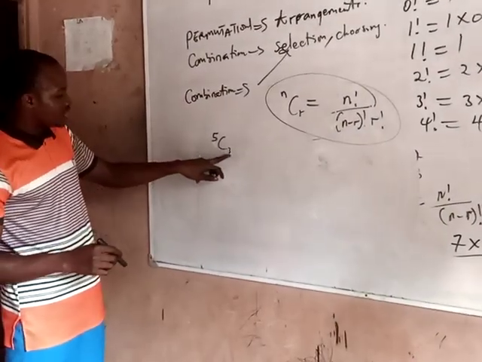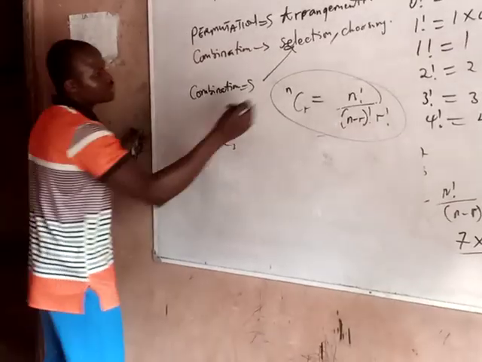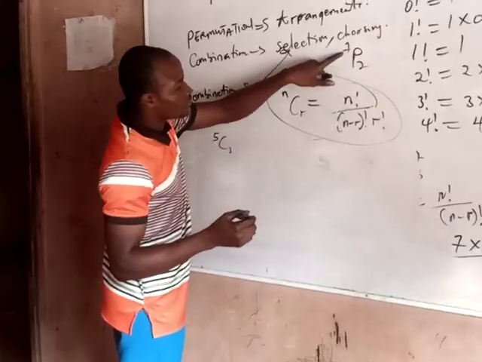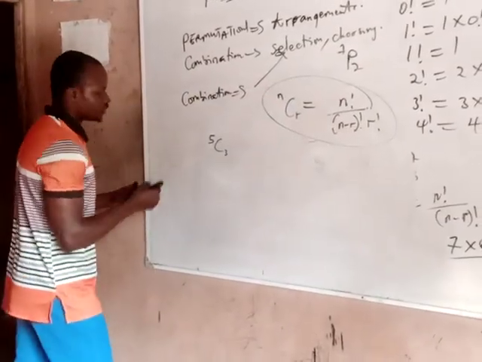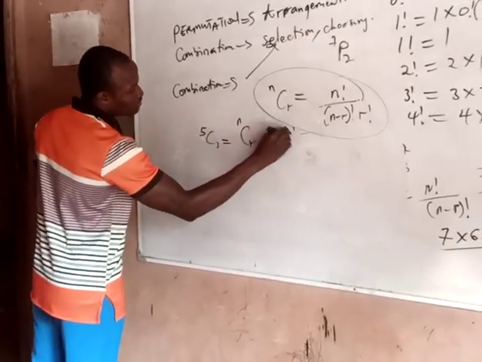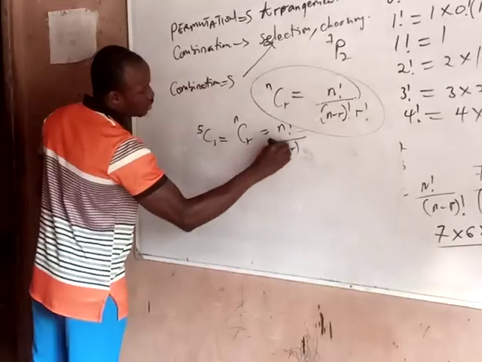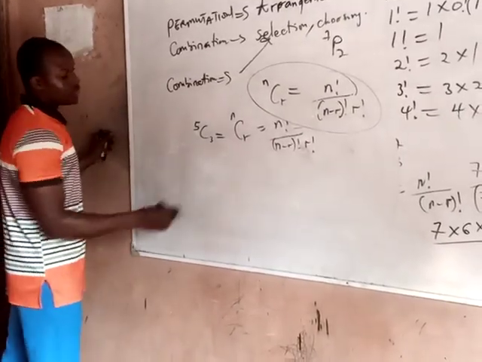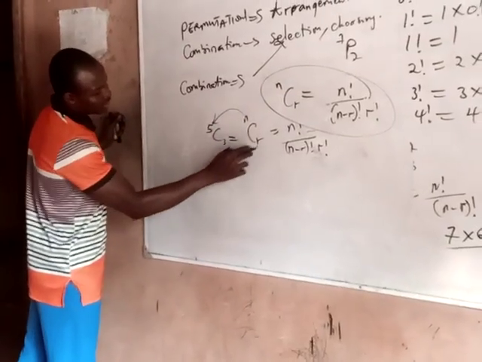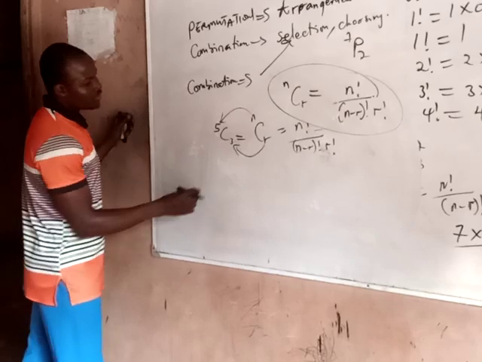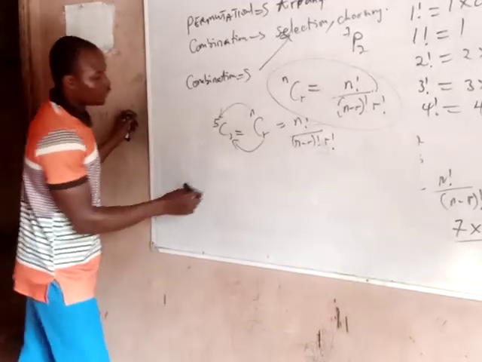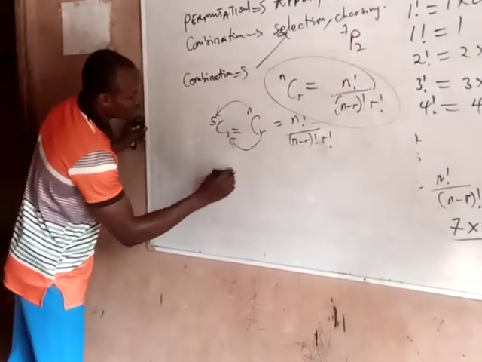Compare with this formula: nCr is equal to n factorial over (n minus r) factorial, r factorial. Now, n becomes 5 and r is 3. So wherever you see n, you put 5, and wherever you see r, you put 3.